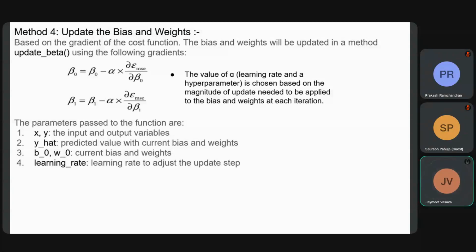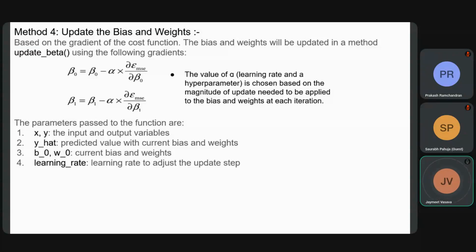Now updating the bias and weights. For the intercept or beta 0, these are the formulas that we have already seen in the previous slides.